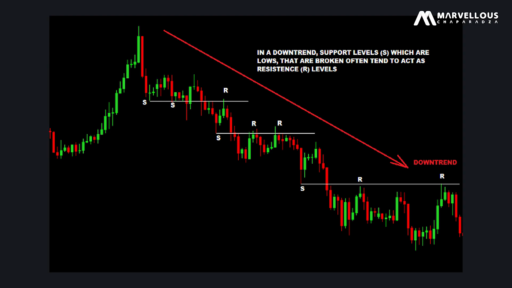So in this downtrend, it's trickier to use horizontal support levels. Instead, you might want to use a trend line which looks like the red arrow. If you look closely, you realize that if we bring this red arrow close to the peaks, the lower highs will almost all connect on that line.